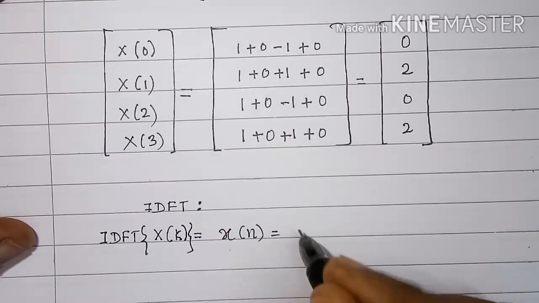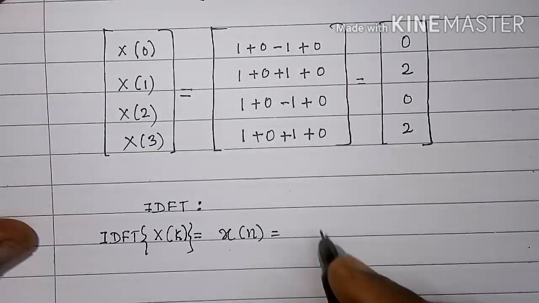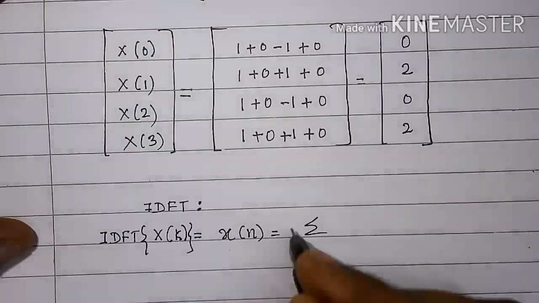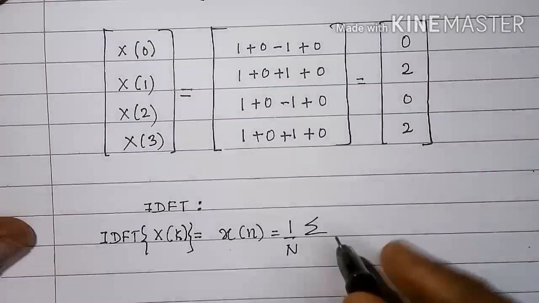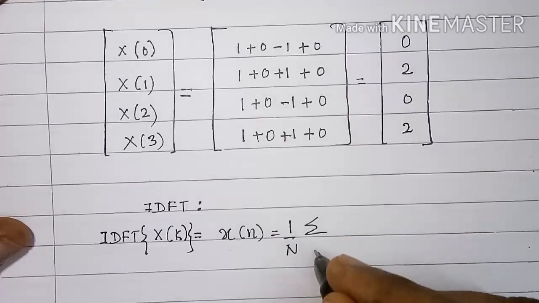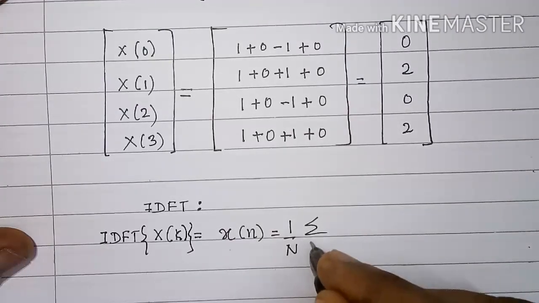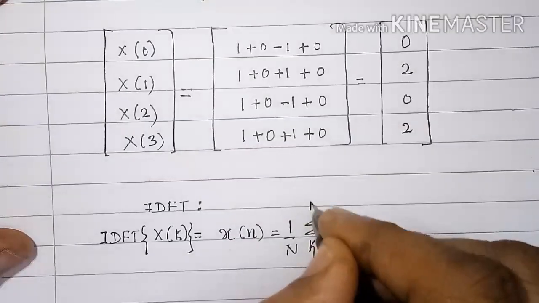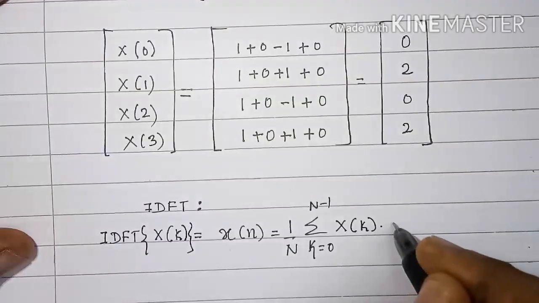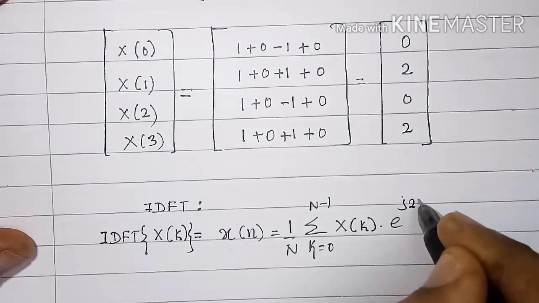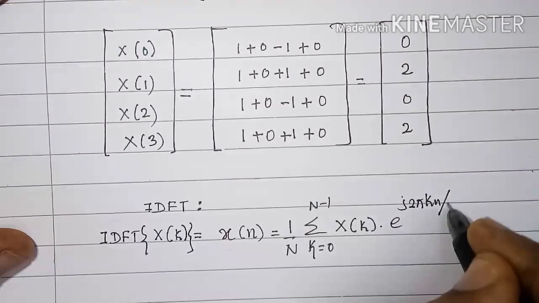So this x of n is given by 1 by N summation, k equal to 0 to N minus 1, X of k into e raised to j 2 pi kn upon N.